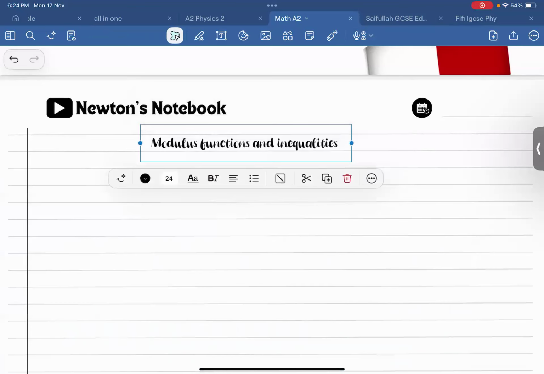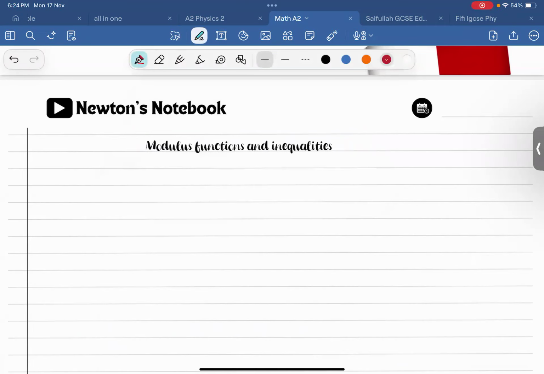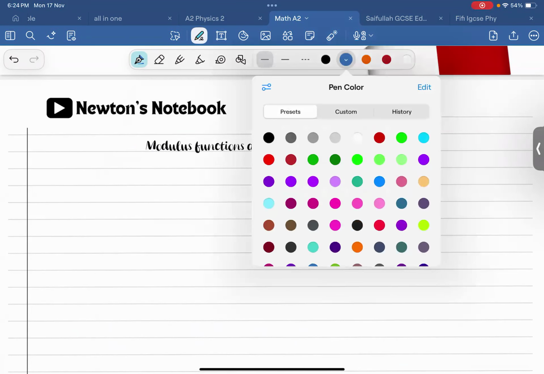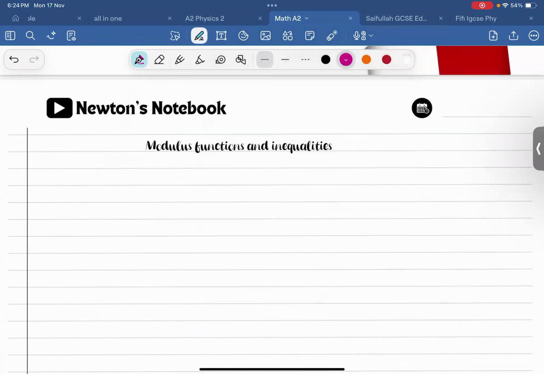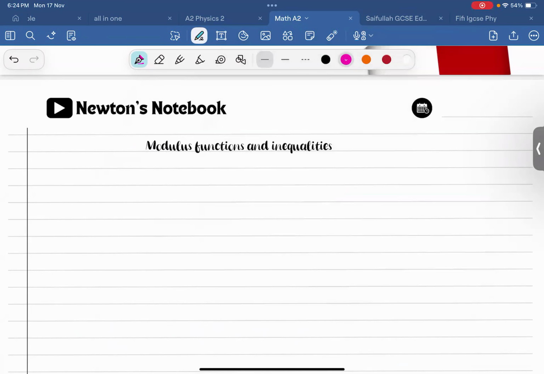Okay. So this is the first thing that we have to discuss. If we talk about this chapter with respect to the paper, it is not that frequently asked, but yes, they ask it a lot of times in the paper, right?